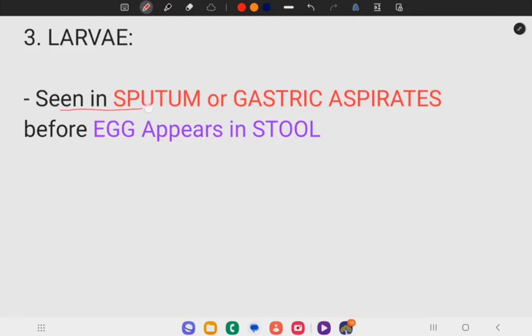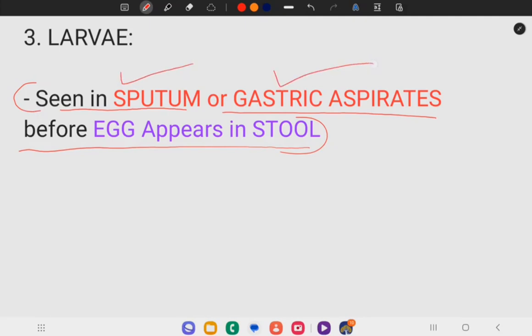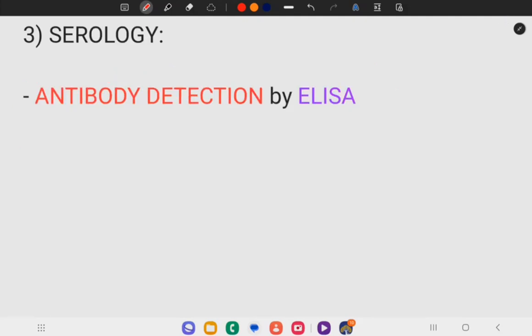Larva can be detected in sputum or gastric aspirates before eggs appear in stool. Antibody can be detected by ELISA.